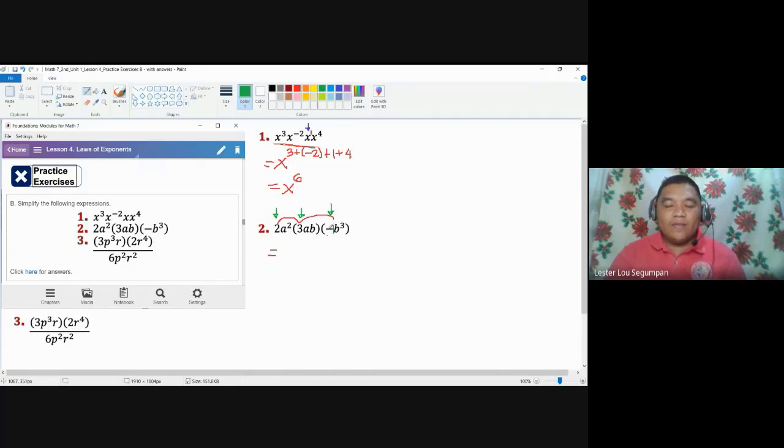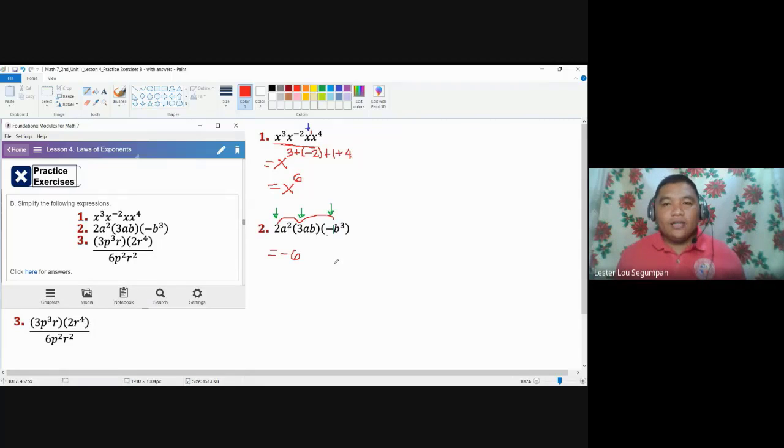And since we have a negative here, this negative sign will be taken by the numerical coefficient, but not the literal. So instead of saying +1, the numerical coefficient here is -1. So let's repeat. 2 times 3 is 6 times -1. Your numerical coefficient for the result is -6. That's for your numerical coefficient.